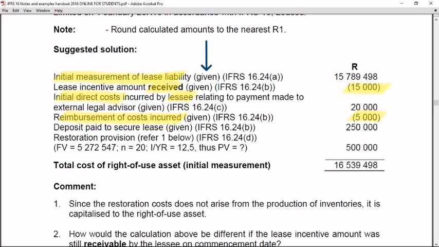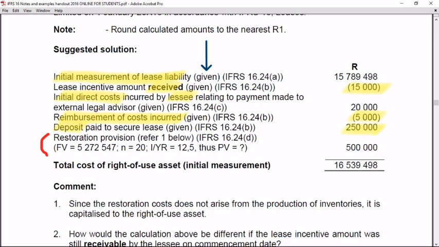Therefore, it is deducted from the cost price of the right of use asset. According to paragraph 24b, any amounts paid by the lessee on commencement date are added to the cost price, for instance, the deposit paid, 250,000. And then the principles that we've seen before under IAS 16 on PPE.